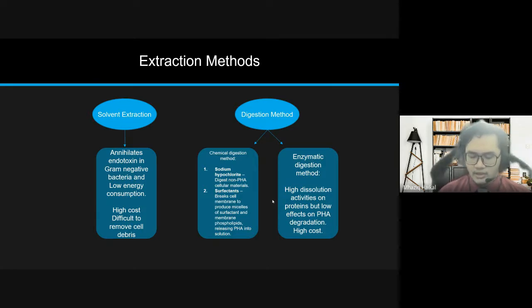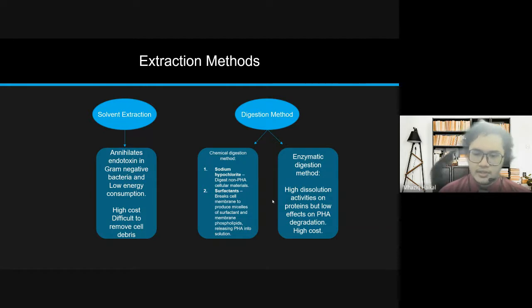However, this method not only digests the non-PHA cellular materials, it also degrades the polymer itself, the PHA itself. So the recovery of the polymer for this method is low, but the advantage is that the recovered polymer is at a high purity level.